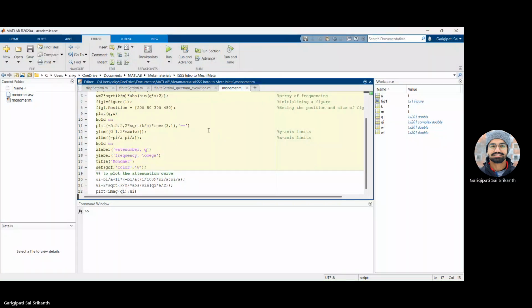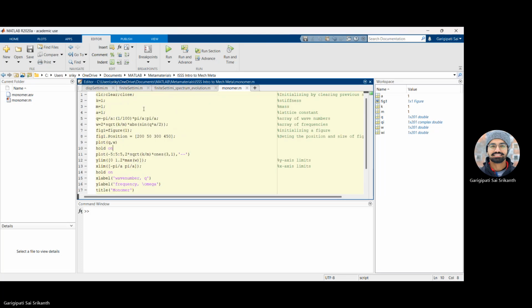Yeah, so we see the recap. The first three commands, CLC, clear, and close, clear the command window, the workspace, and if any extra tabs are open in MATLAB, they'll close the figures.